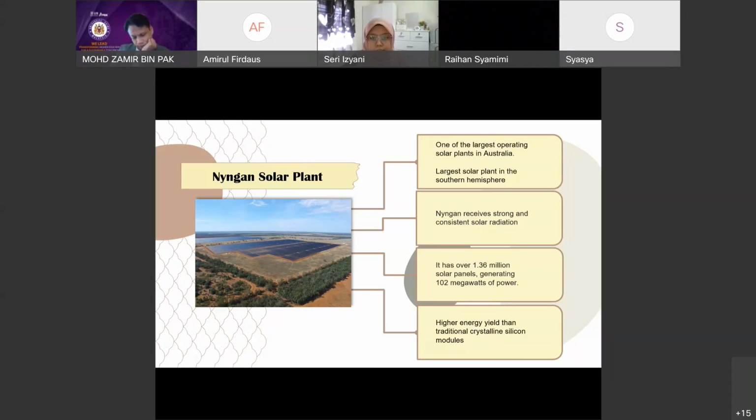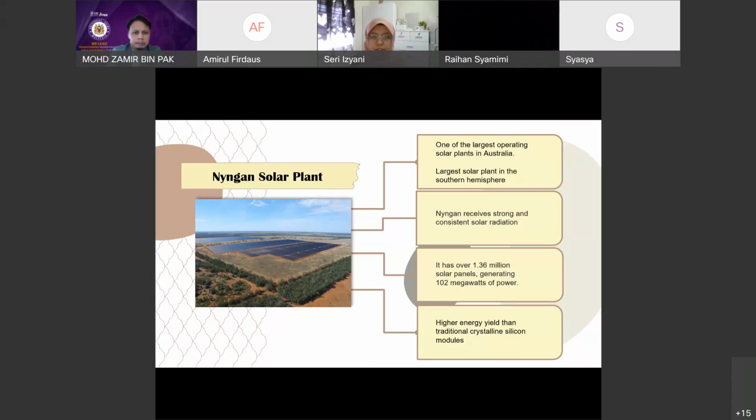Ningen Solar Plant is one of the largest operating solar plants in Australia. Ningen receives strong and consistent solar radiation, making it an ideal location for a solar power plant.